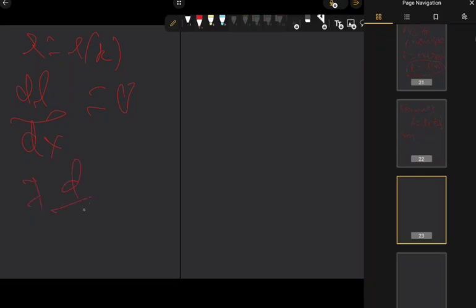That implies d by dx of u plus x r minus u divided by u plus v plus x r minus v divided by v is equal to 0.